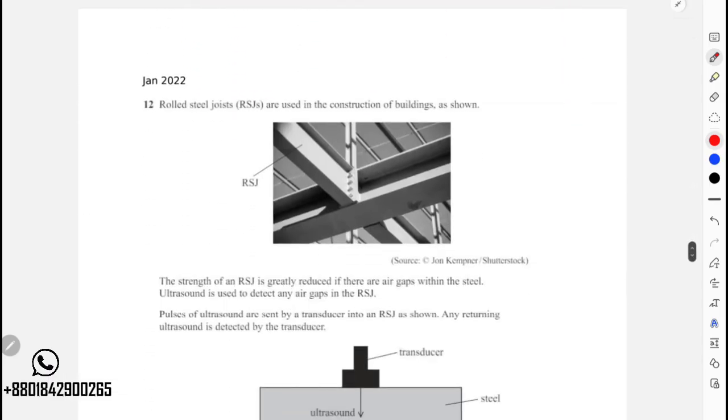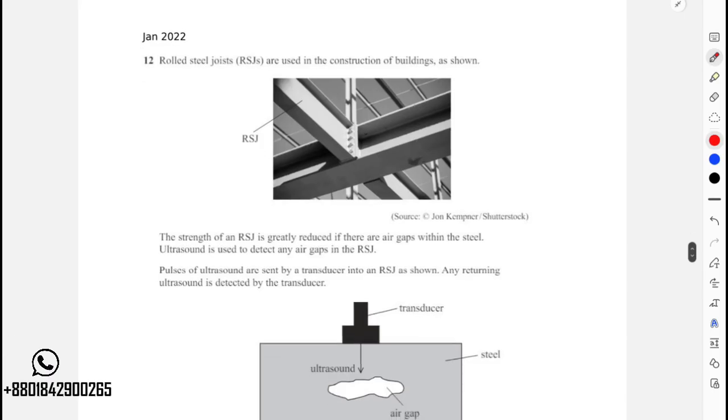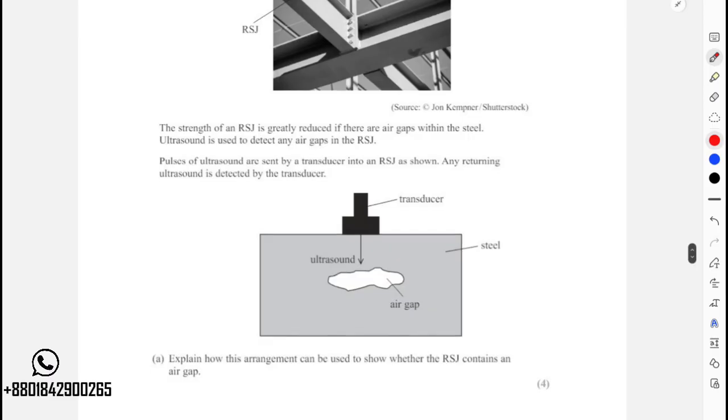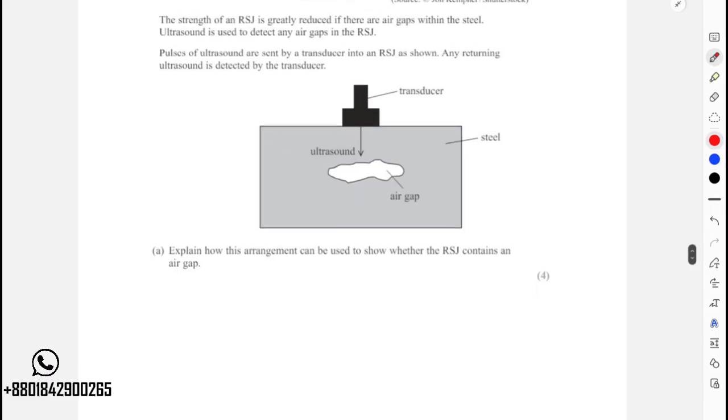And this one is a very important question. This came out as a question from January 2020. It says that there was a gap in between the steel bar and we are using a transducer to detect the gap. Explain how the arrangement can be used to show whether the rails contain an air gap or not.